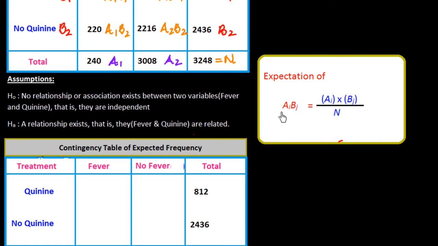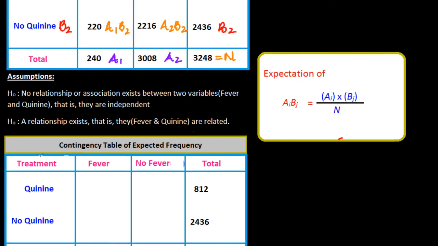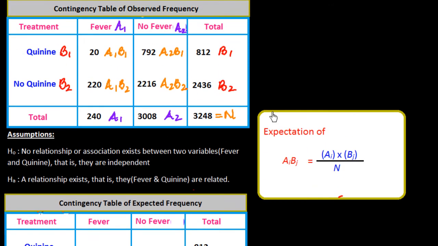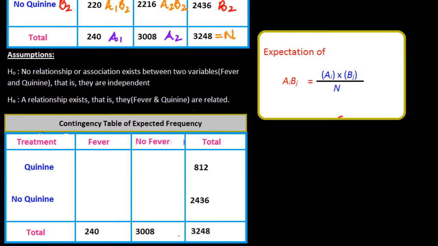Look at here, the expected frequency of Ai Bj is equal to Ai into Bj over N. N is here. How we get it, I will explain here. First of all, we have to find out the expected frequency for A1 B1. So we get here A1 B1.